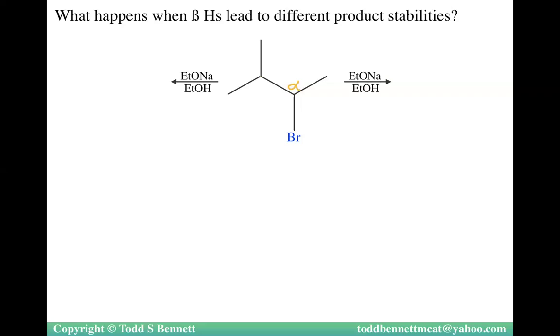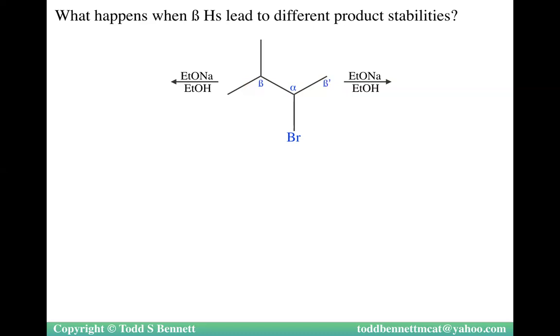One carbon over, there's an H, but one carbon over here, there's three H's. So those can also be eliminated. So I'm going to get rid of my writing and let the computer writing come in. So there's my alpha, as mentioned, and here's my beta, and I'm going to call this beta prime.